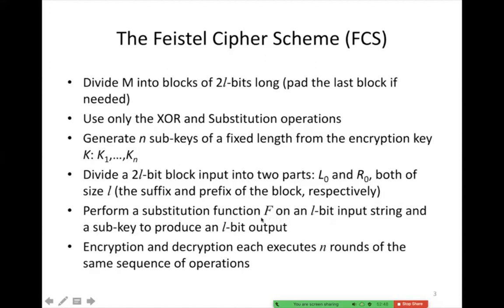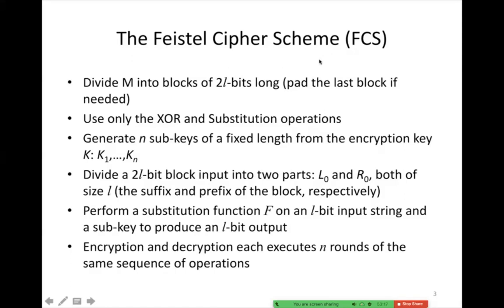For each round, it only operates on half of the bits, okay? So remember, this substitution itself may not form encryption. And the other thing I would like you to keep in mind here is that any substitution will work for this Feistel cipher scheme.